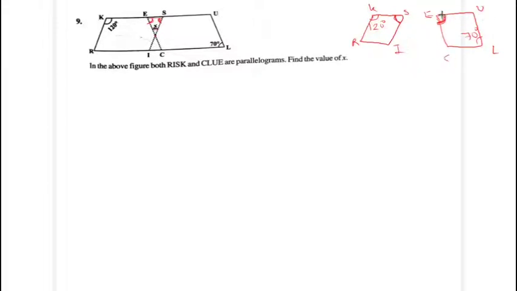This angle is opposite to the angle whose measurement is 70 degree, so this angle is equal to 70 degree. So angle CEU is equal to 70 degree. Why? Opposite angles of parallelogram CLUE. From here we have got it.